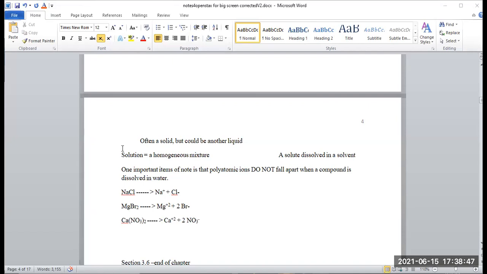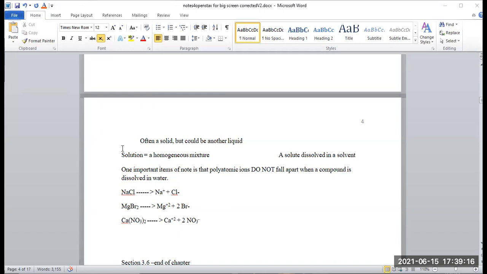Onto the polyatomics then. So nitrate is a polyatomic. When I have calcium nitrate, it looks a little bit like my MgBr2 molecule in that the calcium ion is in the middle, and there's a nitrate blob on one side and a second nitrate blob on the other side.